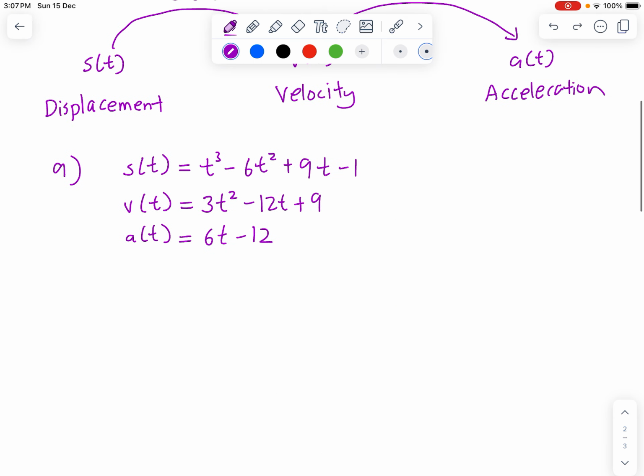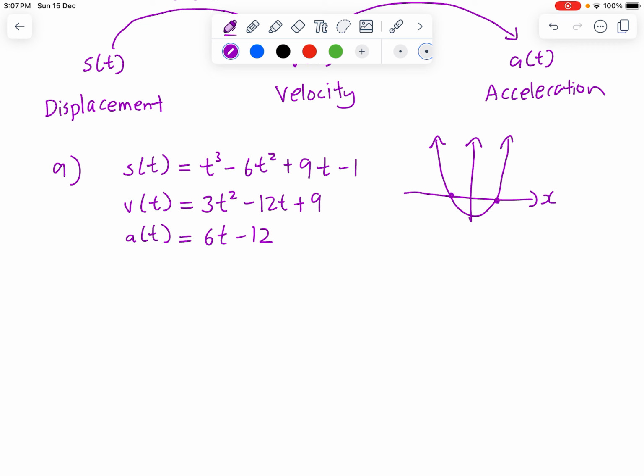A sign diagram basically shows where it's positive and where it's negative. For example, if I have a quadratic function, I want to know when it is positive and when it's negative. Well, it's positive when the x value is greater than 0, and it's negative when it's less than 0. But how do we do that?